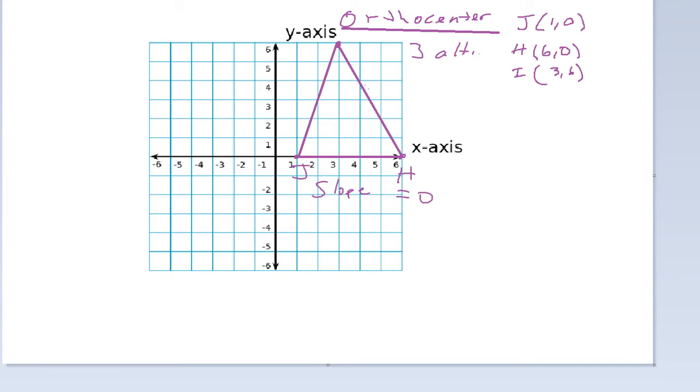And so the perpendicular slope of JH has to be a vertical line. And I want that vertical line to pass through this point up here. This point is I. So I want a line to pass through I that is perpendicular to JH.